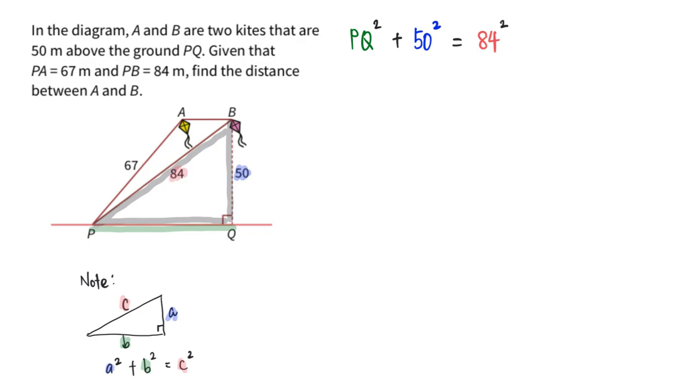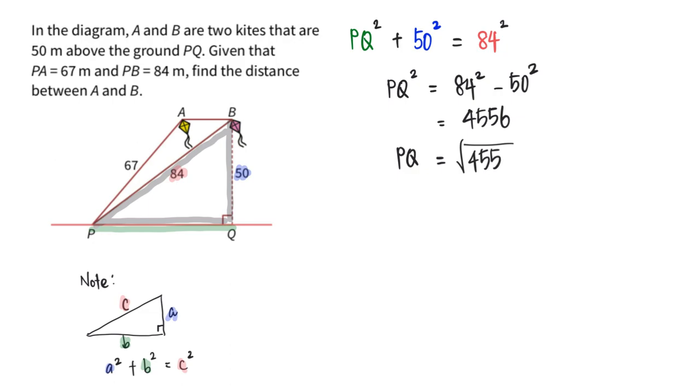So from here I will be able to get my PQ square, which is simply 84 square minus 50 square to give me a value of 4,556. So my PQ is equal to the square root of 4,556.